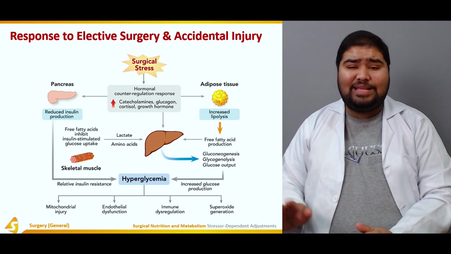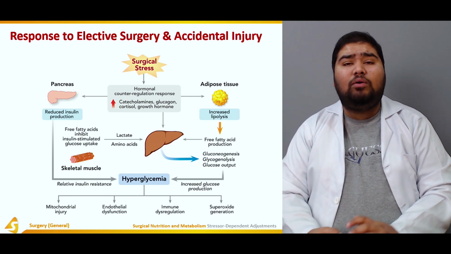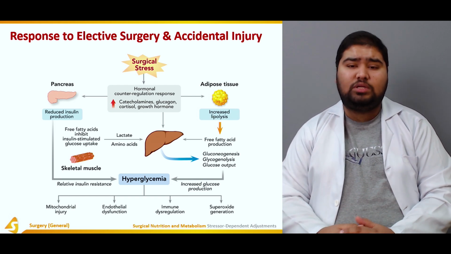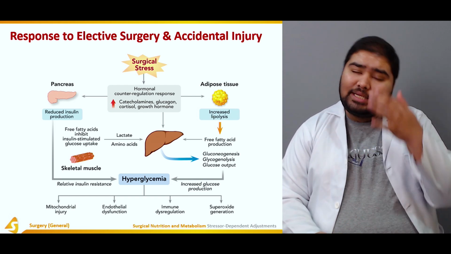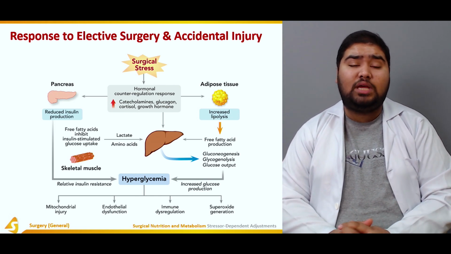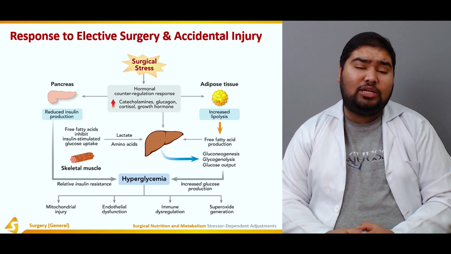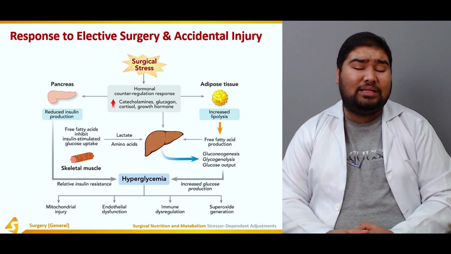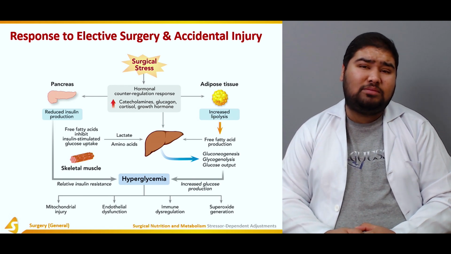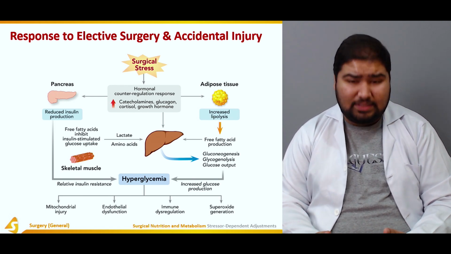All the tests and the panels are done. All the considerations are taken into account. However, in an accidental injury, you don't have that time. You don't have the liberty to take into consideration all that is important. You only go for the important tests, the important markers, and you just go on with the surgery.